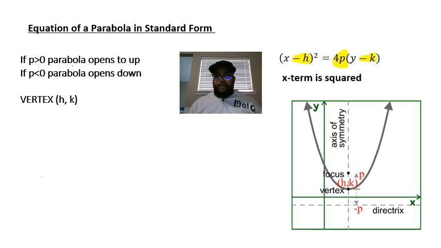So for example, if I had x minus 2 at that part with the x minus h, then my h would be a positive 2. If I had x plus 2, then that h would be negative. Same thing with k. If I had y minus 2, the k would be a 2. But if I had y plus 2, the k would be negative 2.